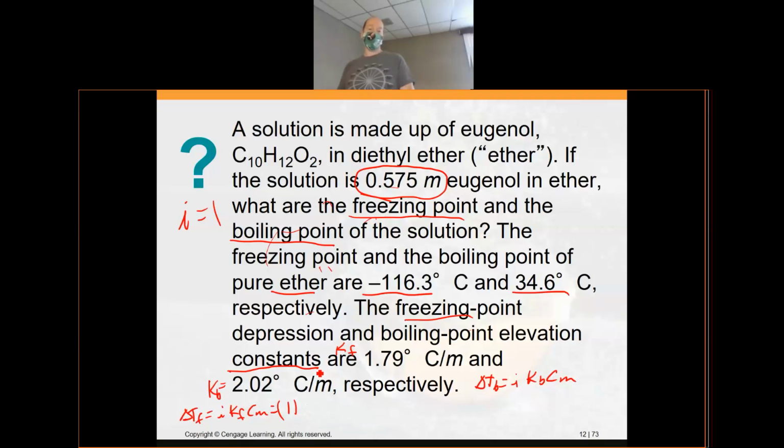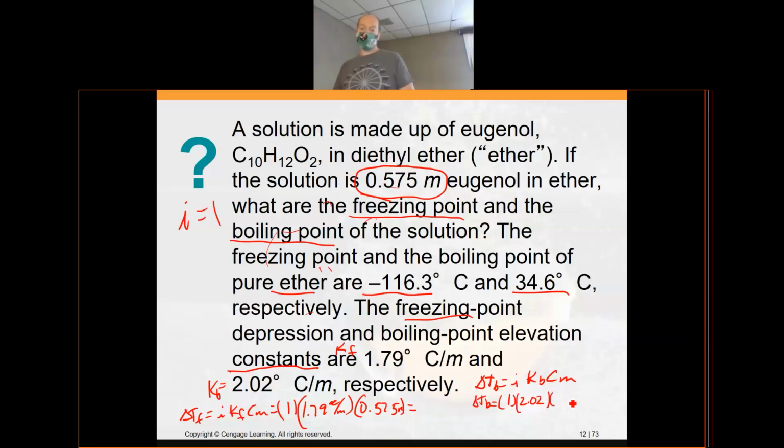The i value is 1, Kf is 1.79. And then they gave us the molality, which was 0.575 molal. And so you simply multiply those numbers together to get your delta T sub F. Same thing over here, your delta T sub B: 1, because it is a molecular compound, Kb was given, 2.02.